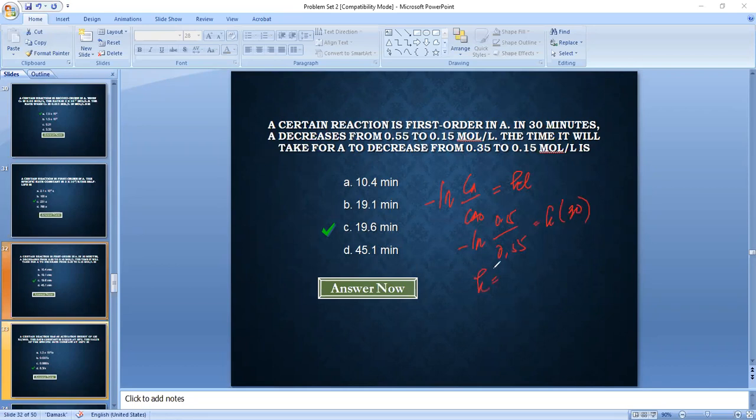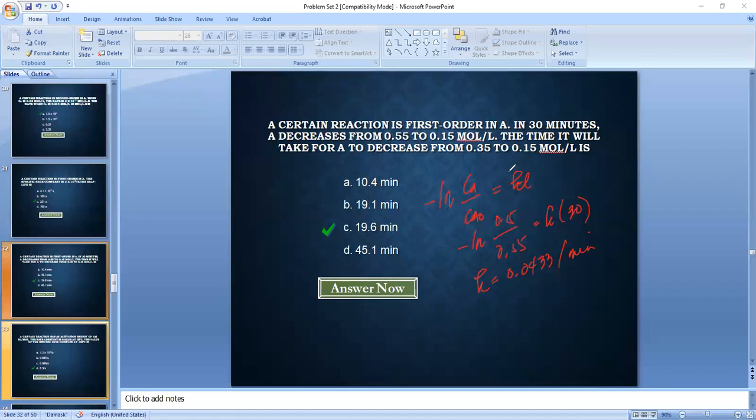What's your K value? 0.0433. It's first order, so the unit is per minute.